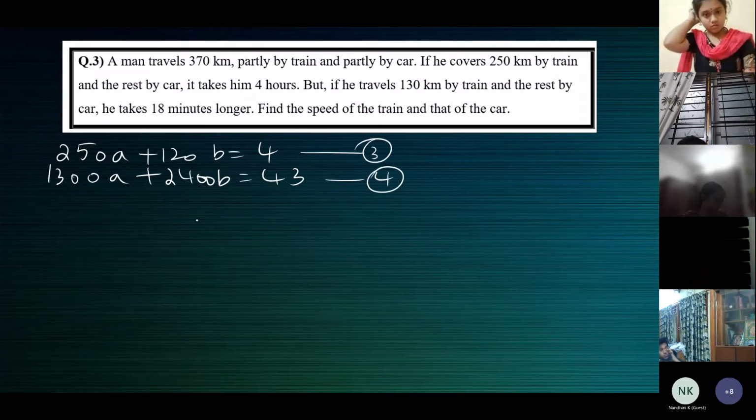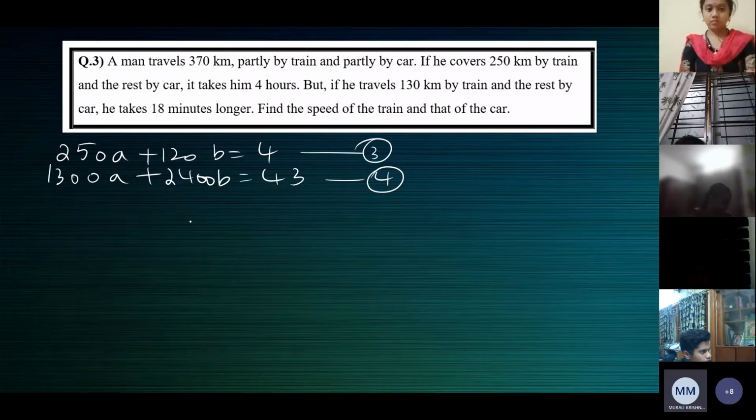Murali Krishna, what will be the headings for the cross multiplication method? Quick. No, we can't wait like this. Yes, what will be the headings?